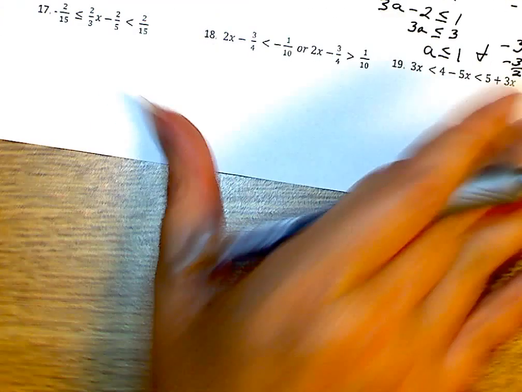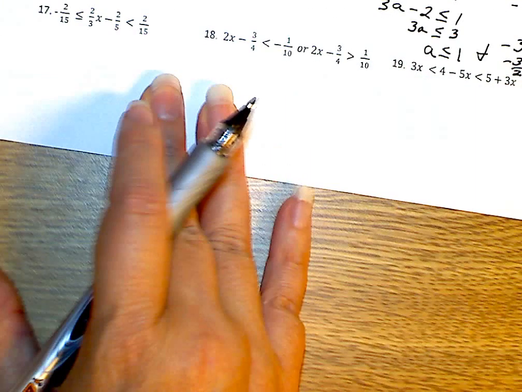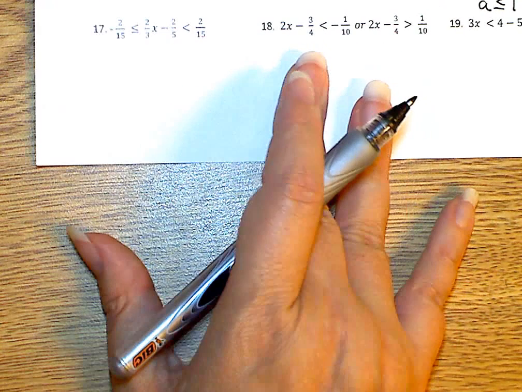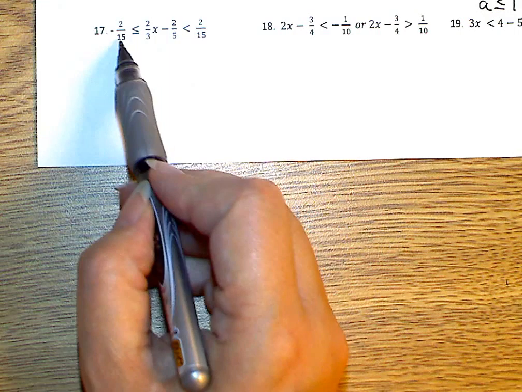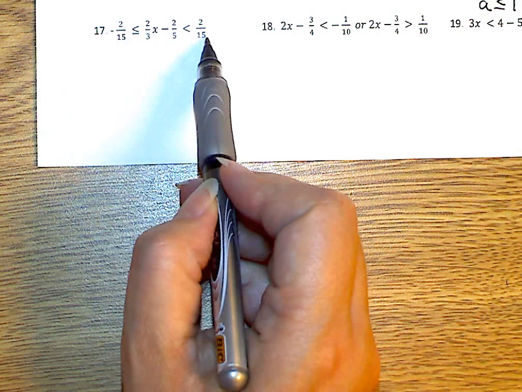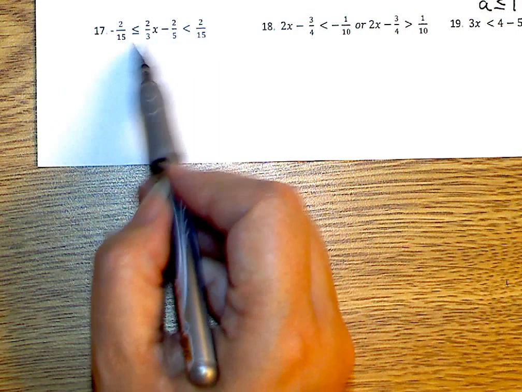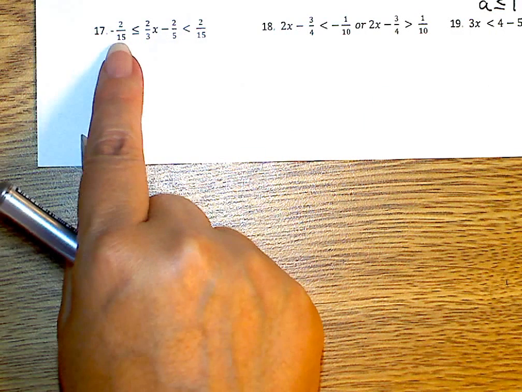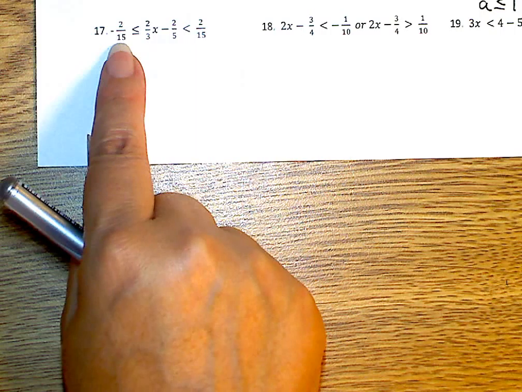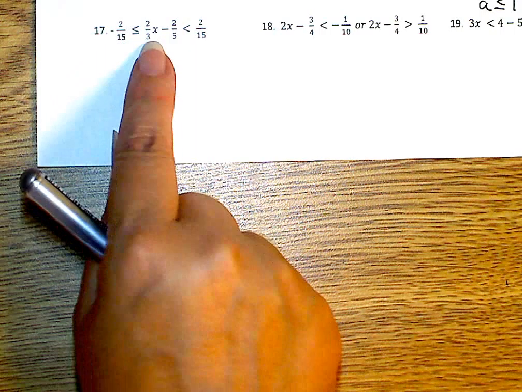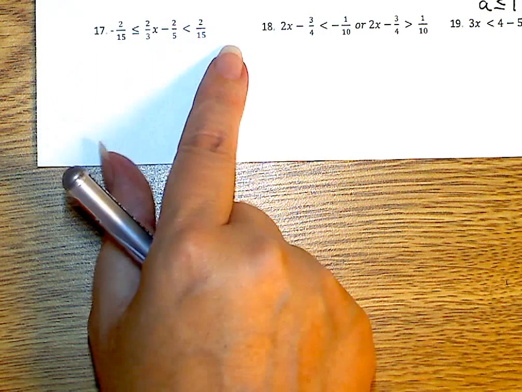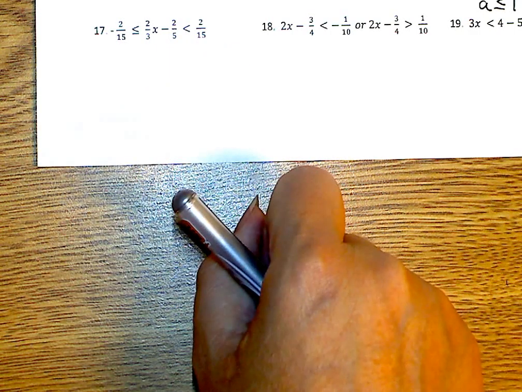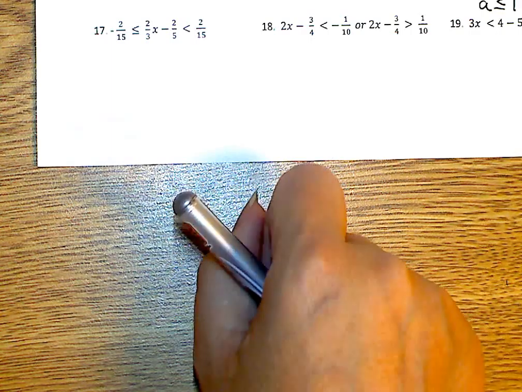17. The trick to 17 is to get rid of the fractions. So to get rid of those fractions, what number can I multiply everything by? We need a big number that 15 goes into, 3 goes into, 5 goes into, and 15 goes into. 15 is right.